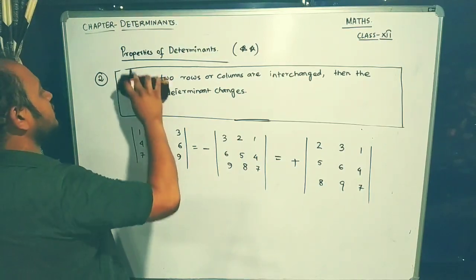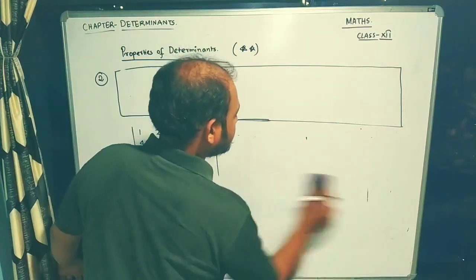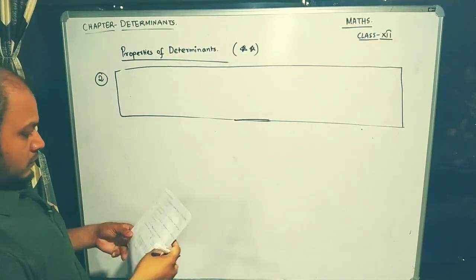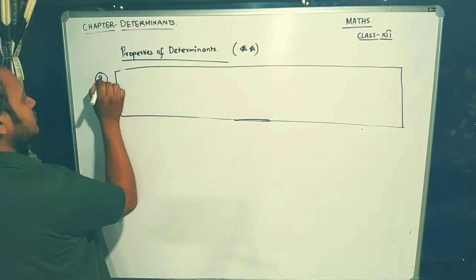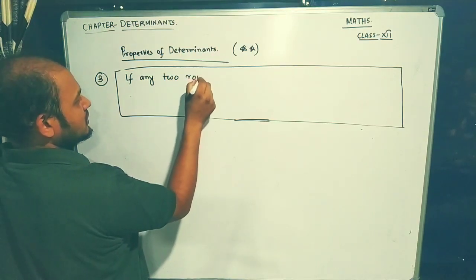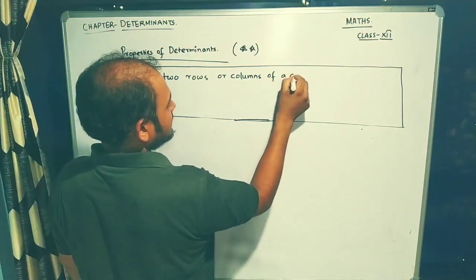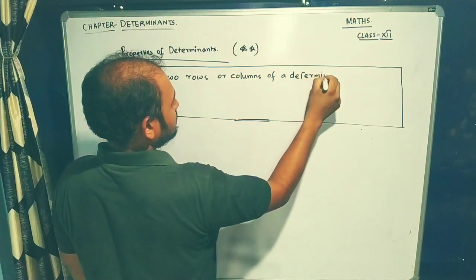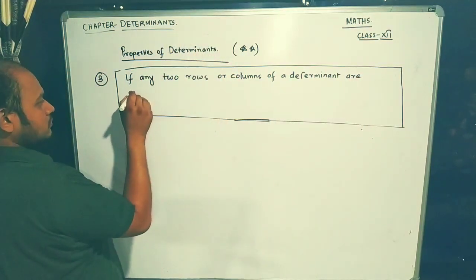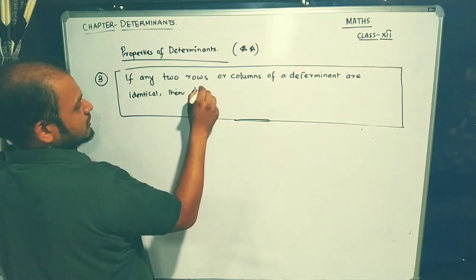Let us move to the third property of determinants. Third property says that if any two rows or columns of a determinant are identical, then determinant equal to 0.